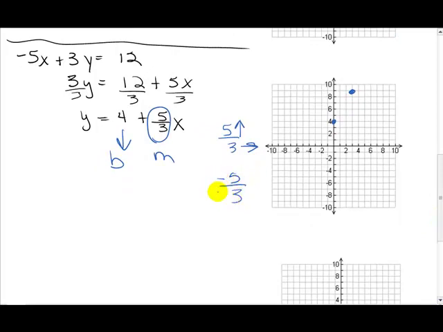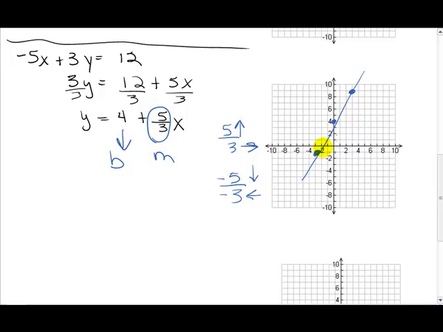If both of these numbers are negative, and two negatives are the same as a positive, so I can go down and to the left from my beginning point. 1, 2, 3, 4, 5, 1, 2, 3. And you can see how these dots line up. Well, hopefully better on your paper than it did on mine.